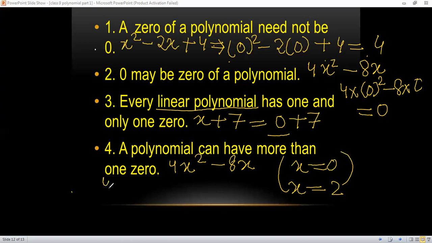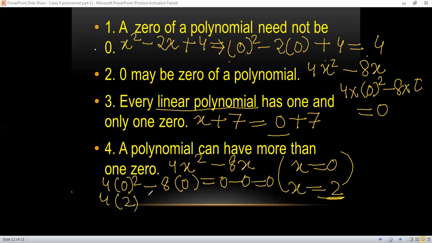For example, you see, I will put 0: 4 into 0 minus 8 into 0. Here what will I get? 0 minus 0, that is 0. And if I put 2, then also I will get 0. This will become 16 minus 16, that is equal to 0.